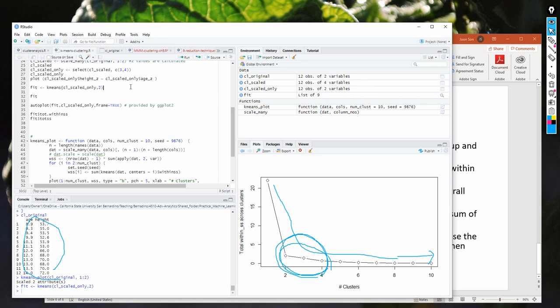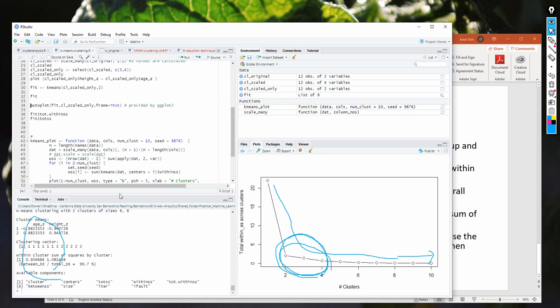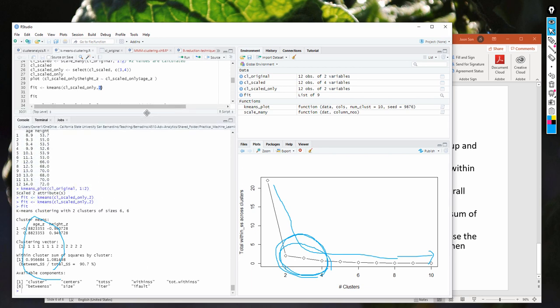When you run this and look at the result, don't worry about the actual implementation or the code. I just did the k-means analysis using 2 clusters, and let's take a look at the result.